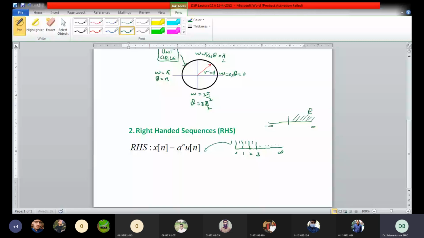This is your right handed sequence. It's from 0 to infinity. So you got the idea about right-handed sequences. Why is it called right-handed? Because if we plot from minus infinity to infinity, since they are from 0 to infinity, it comes on the right side of the 0 axis. So that's why they are known as right-handed sequences.